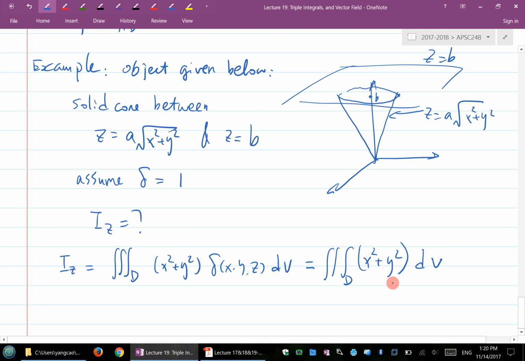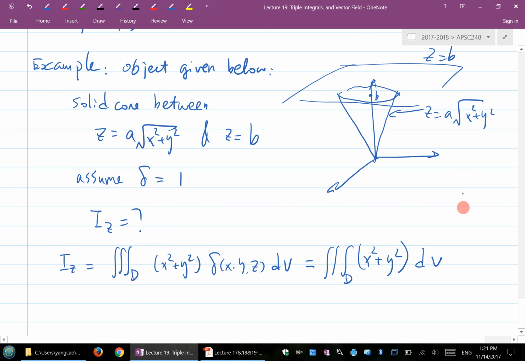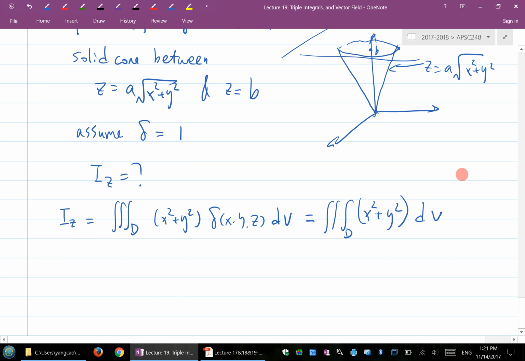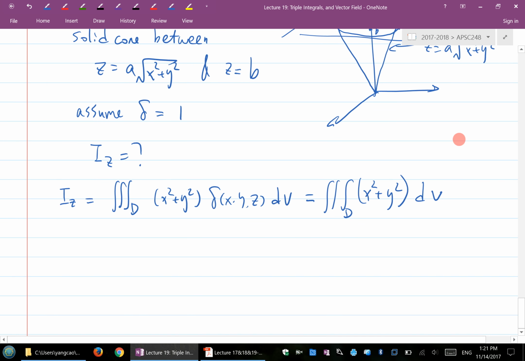So you will have to make a decision from here onwards as to what coordinate system you want to use: Cartesian, cylindrical, or spherical. Spherical will also work, especially if certain boundaries are part of a spherical surface, then you should use spherical. But otherwise, here we're going to try to use cylindrical.